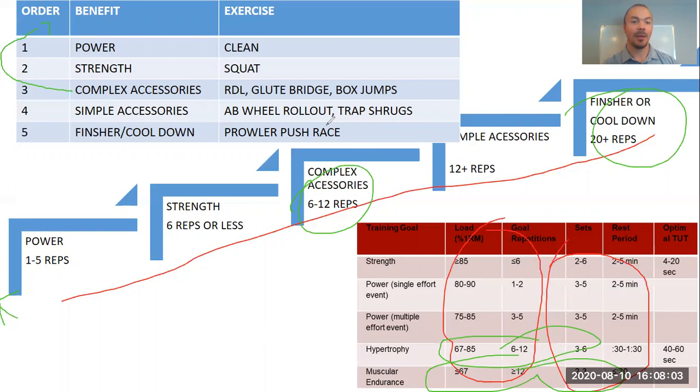So I would not take that prowler push race, and if I put it at the beginning instead of the end, I would drastically change the approach there, because that's something that's easily going to shock muscles in the body and exhaust athletes. So that's just something to think about, is how you approach it.